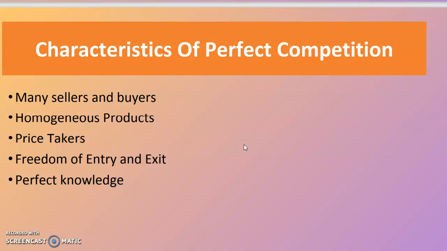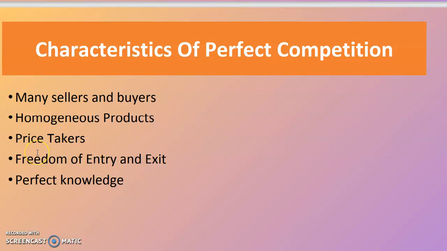They can be easily substituted with one another. Examples are agricultural produce such as potatoes, livestock meat, chicken, vegetables, and so on.